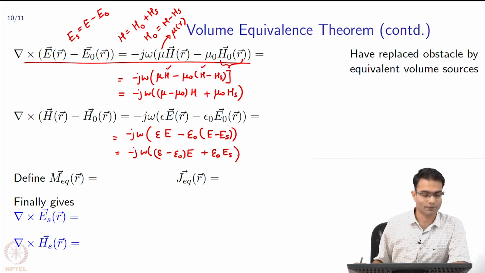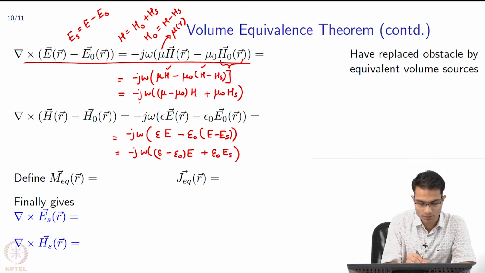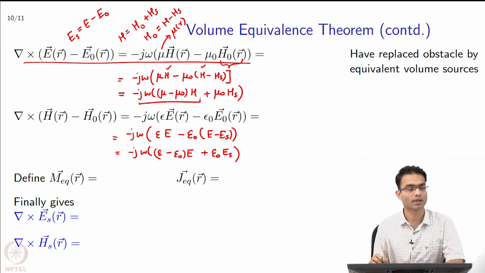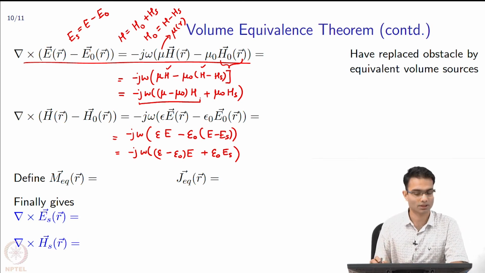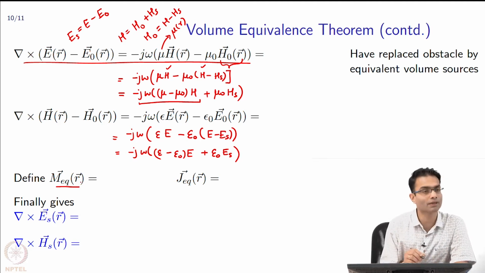Now, to make our life a little bit simpler, let us define yet another term over here just to simplify the math. Okay. So, this term over here that you see, right, it is a longish term. So, what we can do is define something called an equivalent current. And what is this equivalent current?